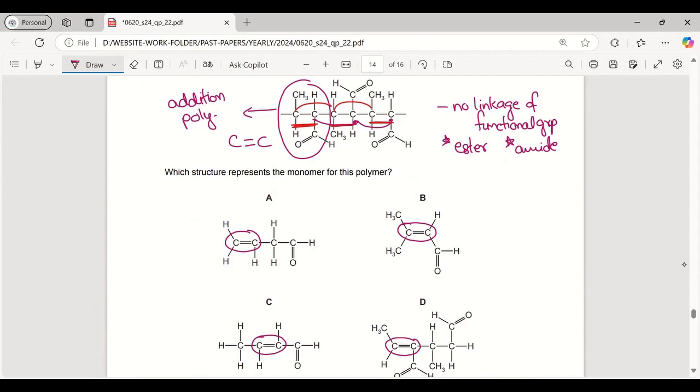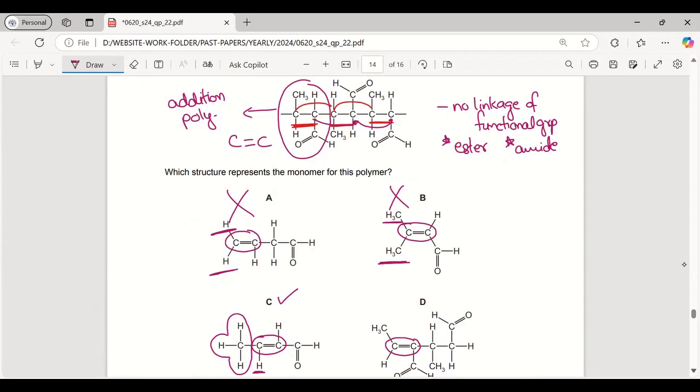On the first carbon in A, H is attached, so no. In B, CH3 is attached, no. On one carbon, there should be one H attached and one CH3. Okay. Here in C, there is one hydrogen attached and one CH3 attached. It might be the answer.